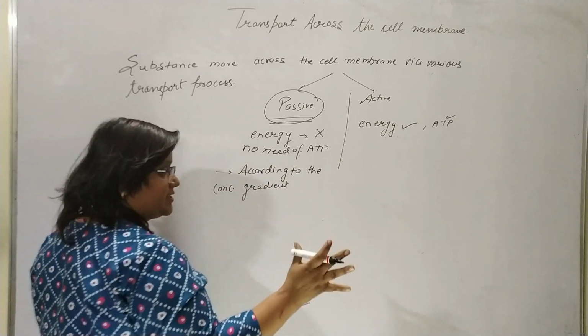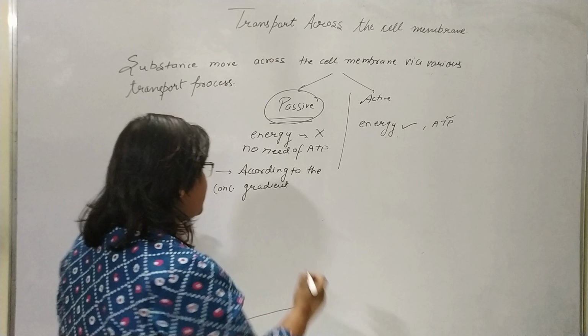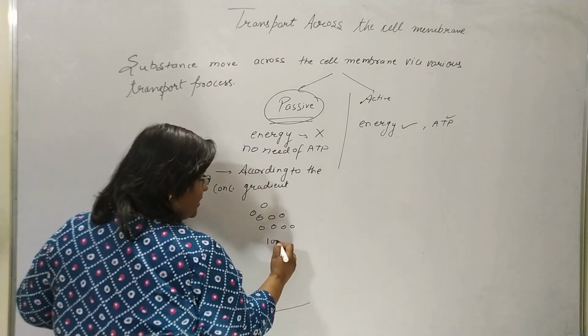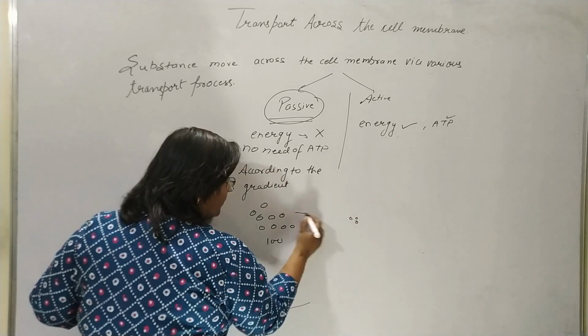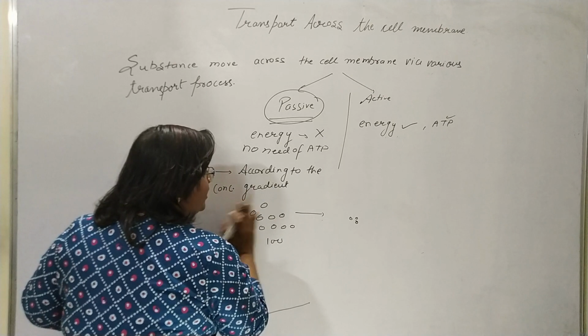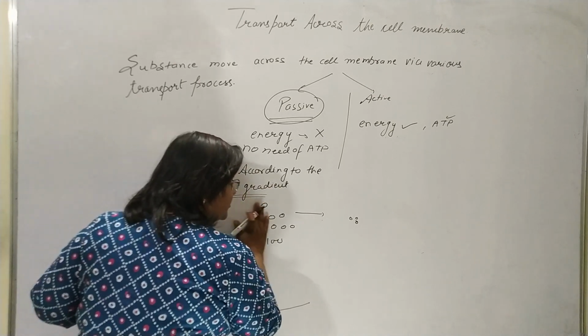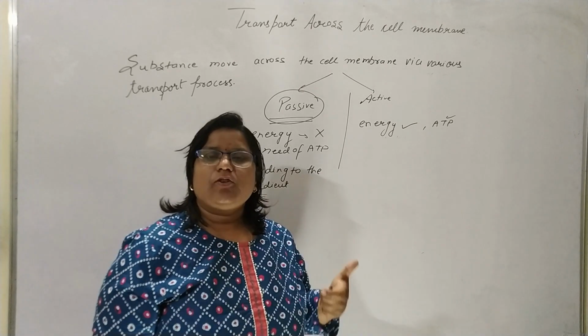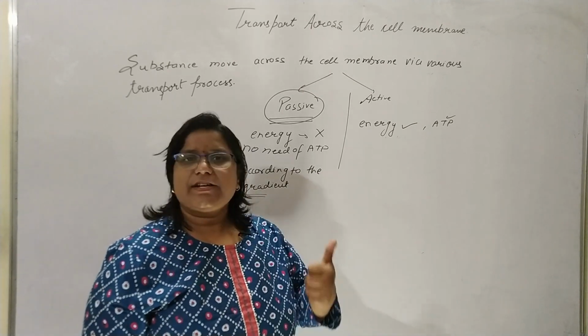Gradient means difference. Here the particles are so many, like 100 particles, and there the particles are 2 or 3. So the difference is known as the concentration gradient or concentration difference. In the passive process, the particles move according to the concentration gradient.